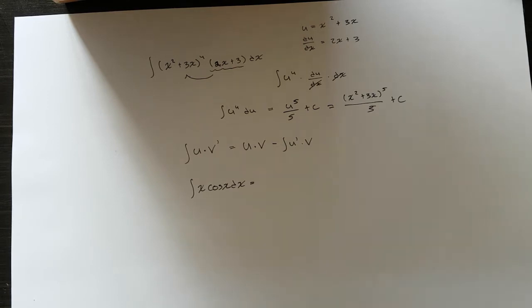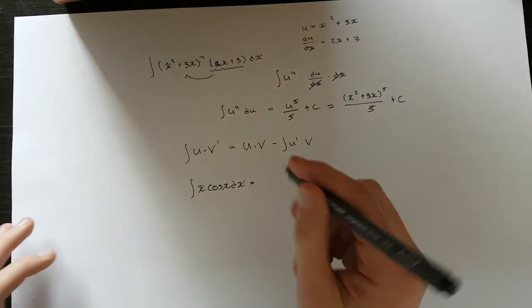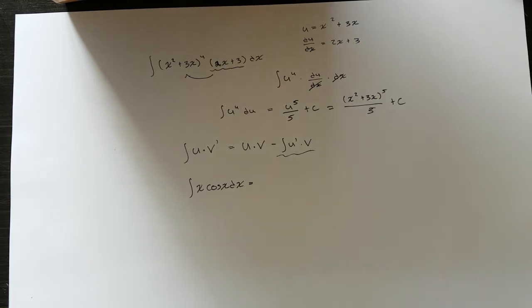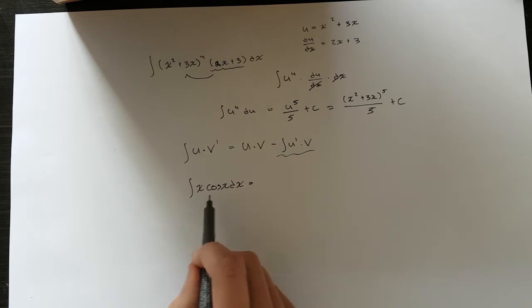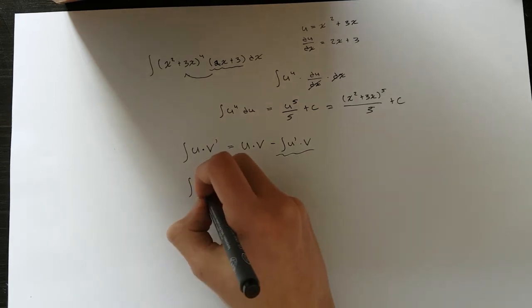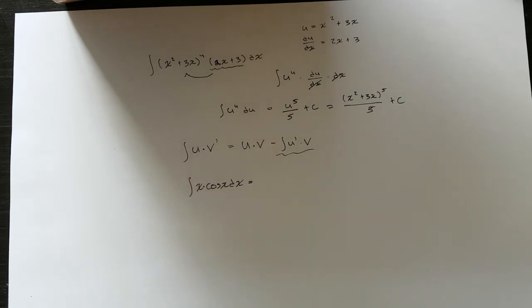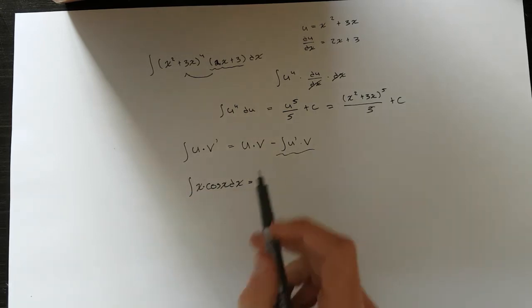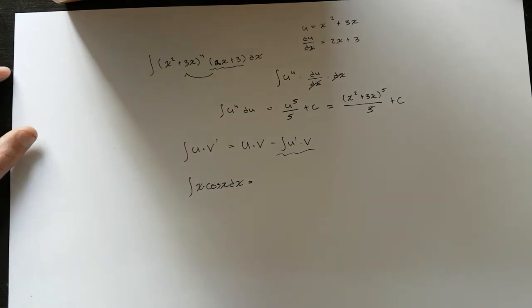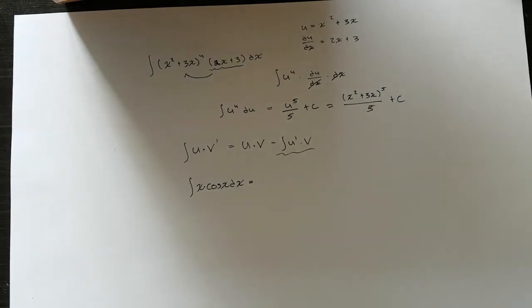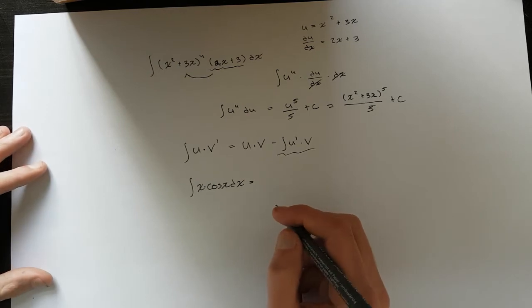You want the new integral to be easy, because you don't want to get another difficult integral that just complicates things. So which of these two would be easiest to take the derivative of? If you take the derivative of x, it's just equal to 1, and 1 is a pretty easy number, right?